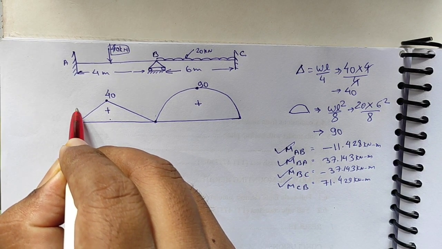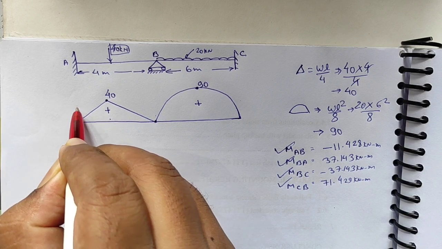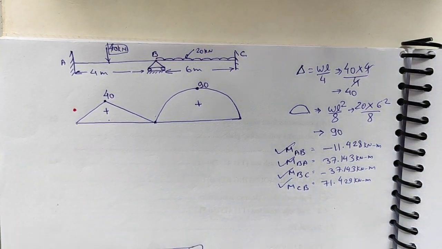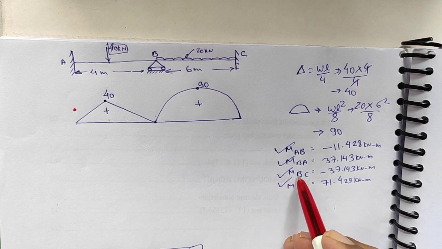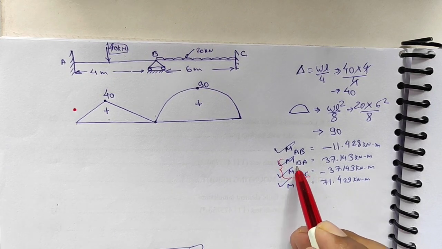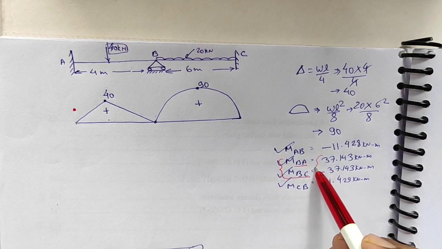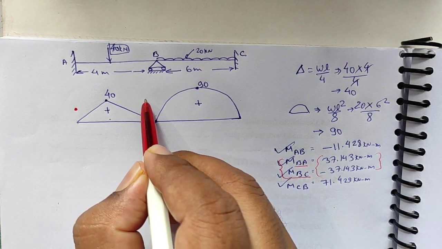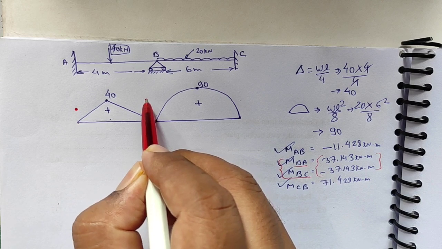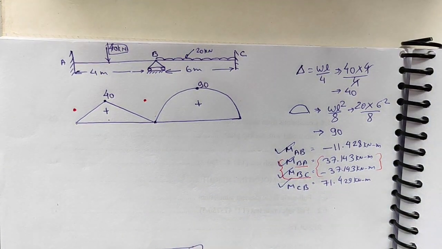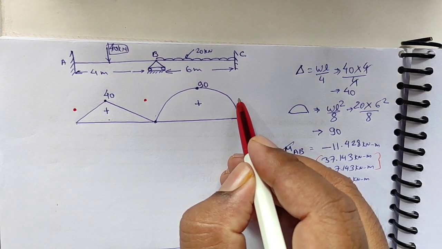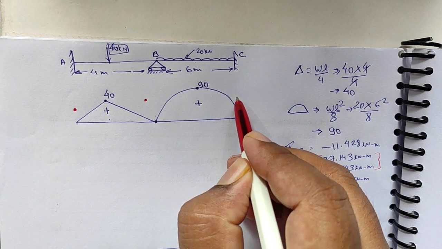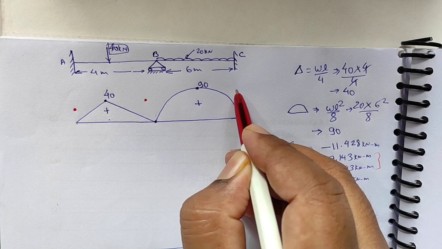Hence the value of MAB will be somewhere here, negative 11.428. Again the value of MBC is negative and MBA is positive 37.143. So I will locate the value of negative 37.143 somewhere here. Again the value of MCB is 71.429. So I will locate it somewhere here.